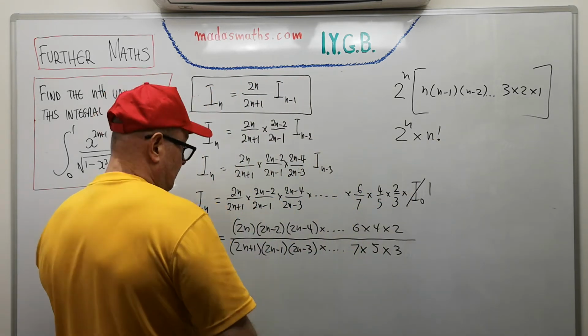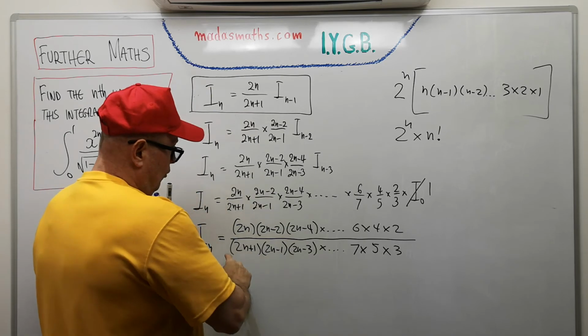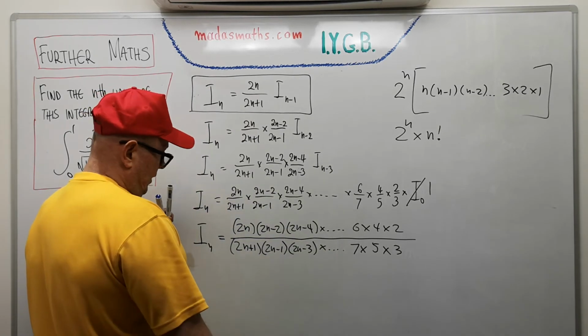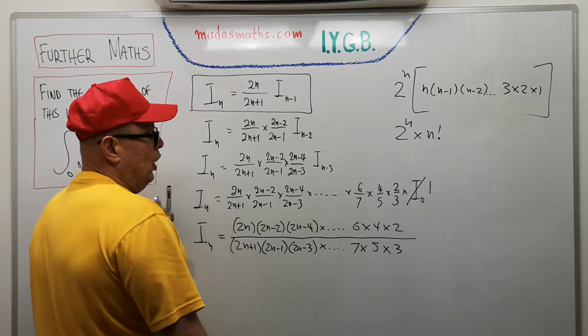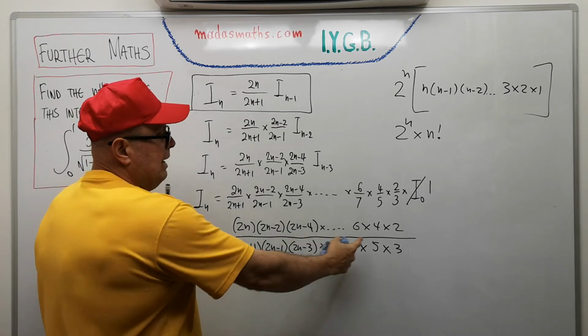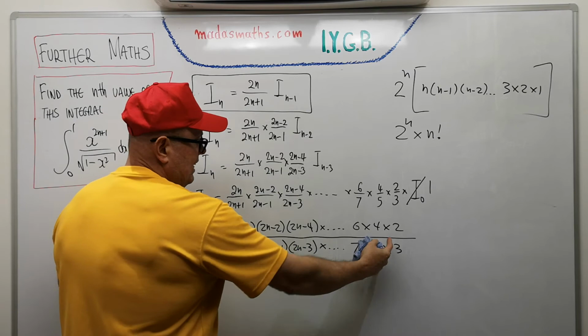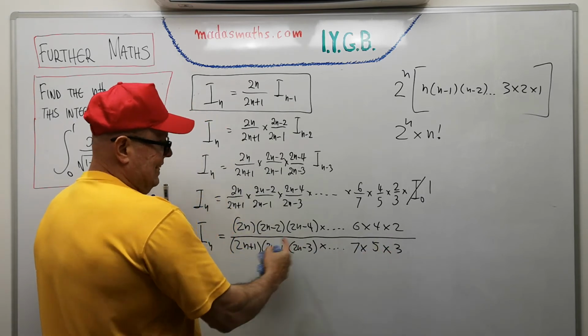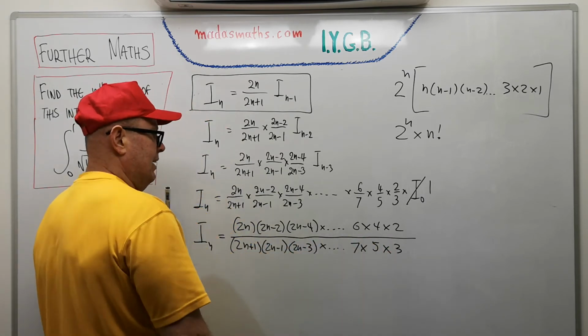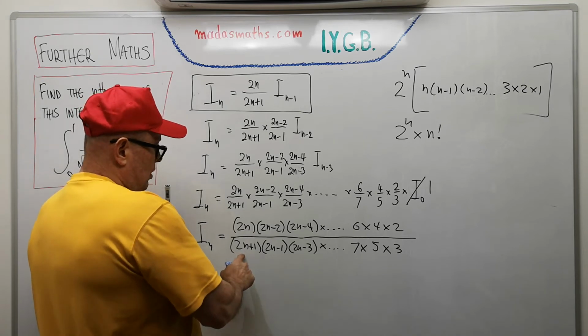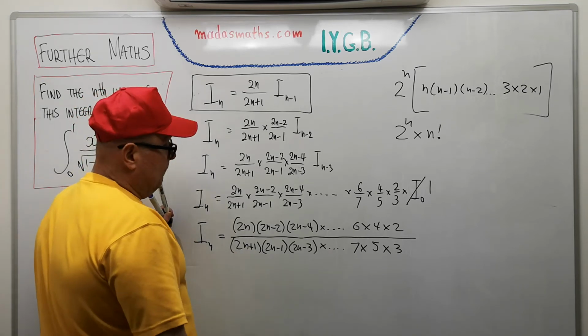So that's quite nice. The problem, of course, is the denominator. The denominator has odd numbers. The times 1 doesn't really bother us, but it's not a factorial as it is: 3 times 5 times 7, and so on, all the way up to the odd quantity 2n plus 1.